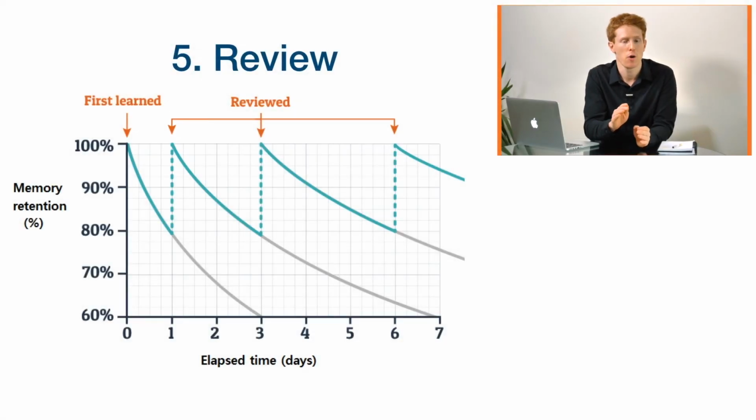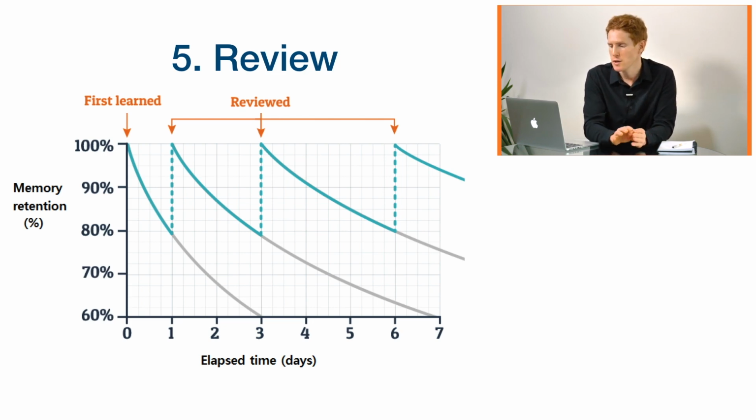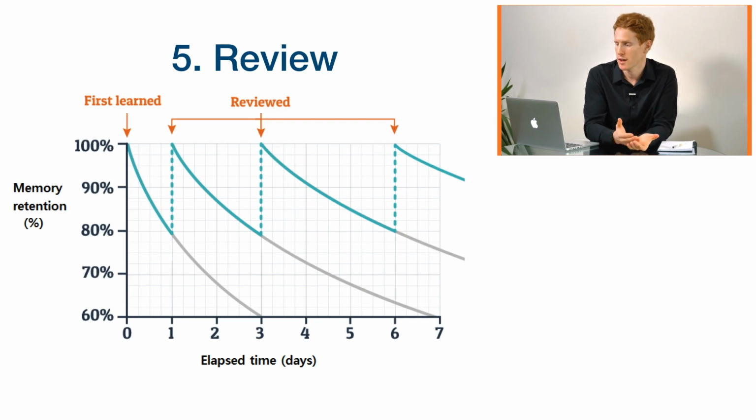Now again, over time, you're going to forget that vocabulary, but at a slightly different rate. It's going to take you longer to forget that vocabulary, which means you don't need to revise the vocabulary on the second day, but you should revise the vocabulary on the third day. And you can see that here. And that takes it back up to 100%.